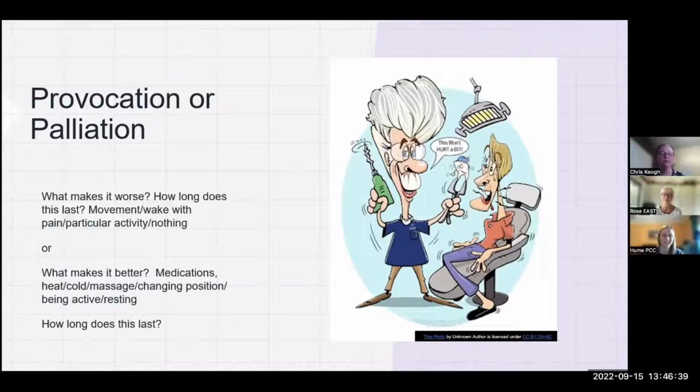Or what actually makes it better? Do medications help it? Does heat, cold, massage, changing position, being active or resting change how the pain is or improve it? And how long does it last? Is it something that might only last a few seconds, or you might have a constant pain all the time, or you might have it until you take some pain relief.